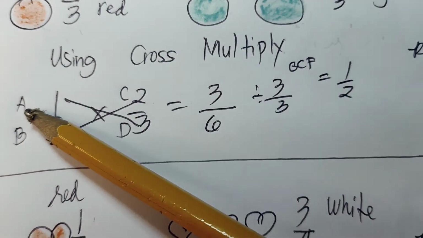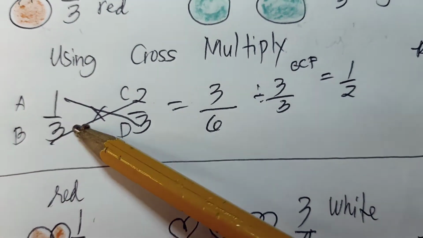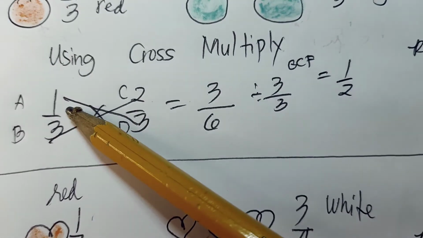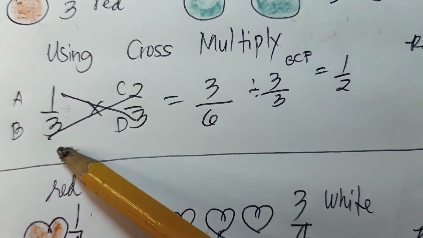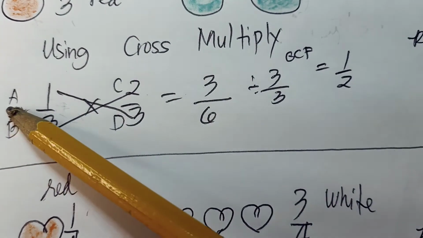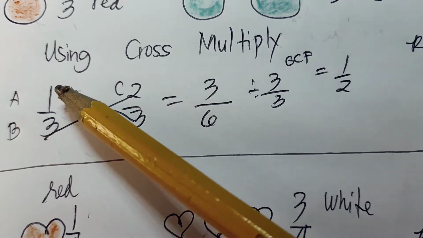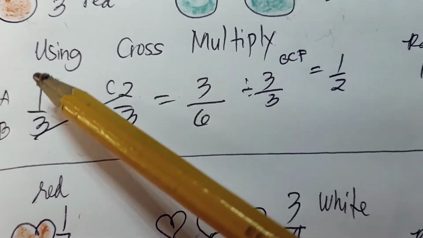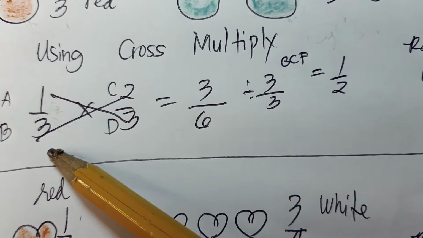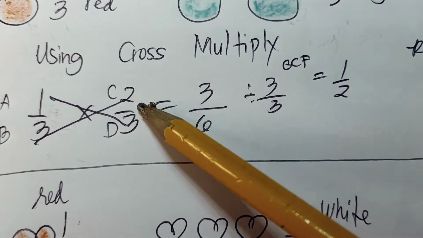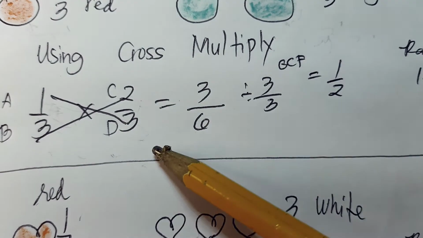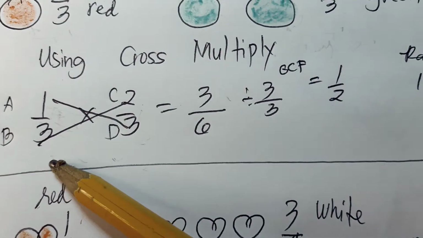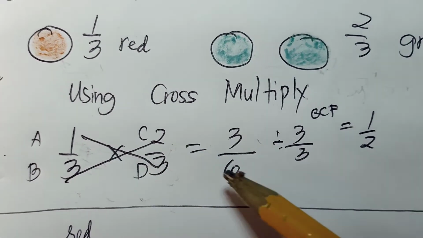Earlier we said A is to B, so we change it to fractions. The value of A here is 1 and the value of B is 3. The value of C is 2 and D is 3. So, we will cross multiply. 1 times 3 equals 3, and 3 times 2 equals 6.